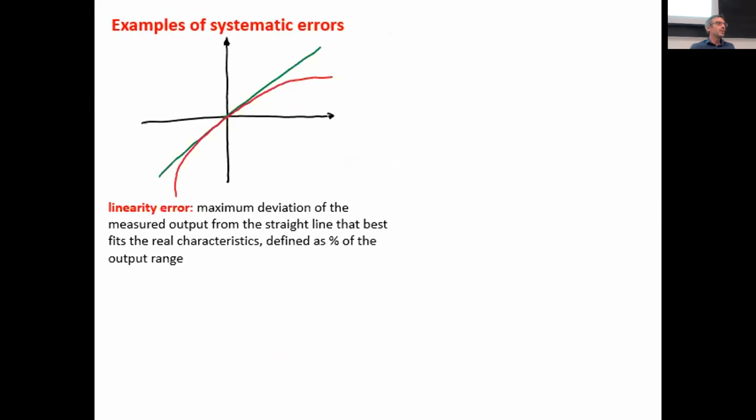So we want to work with linear sensors, but nothing is perfect, nothing is ideal. The manufacturer tells you, you are linear up to a certain range, and then you become nonlinear. So in general, the nonlinearity is defined as a percentage of the output range wherever the sensor is linear. Out of that, you're not ensured of being linear.